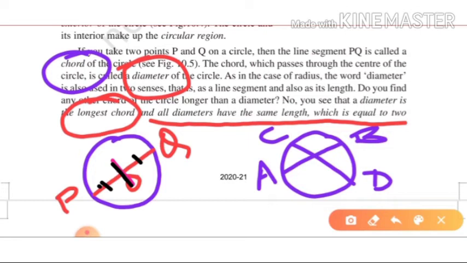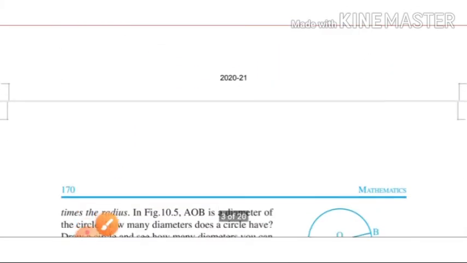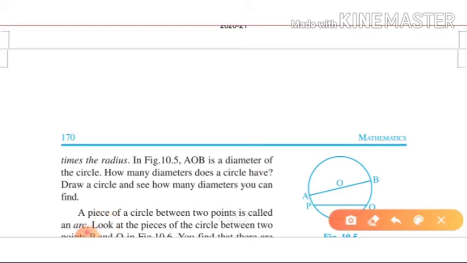This PO and OQ are the radius of the circle, and twice the radius, when you join this PO and OQ, you get PQ. So diameters are all of the same length, and they are twice the radius of the circle. It is mentioned here, twice the radius.